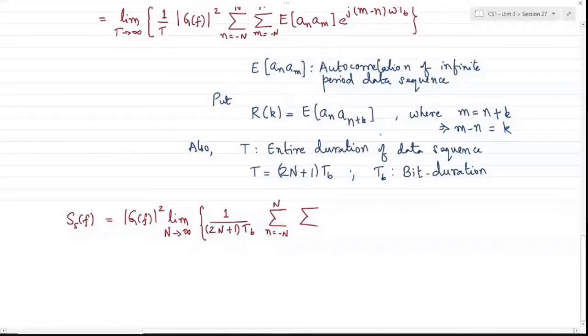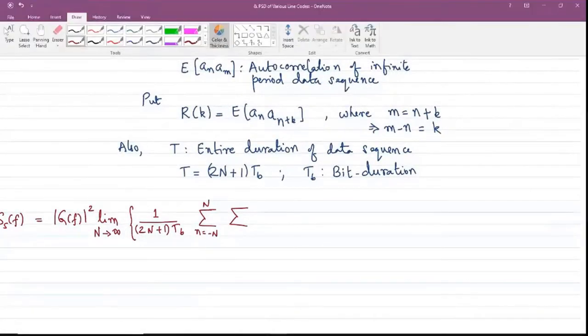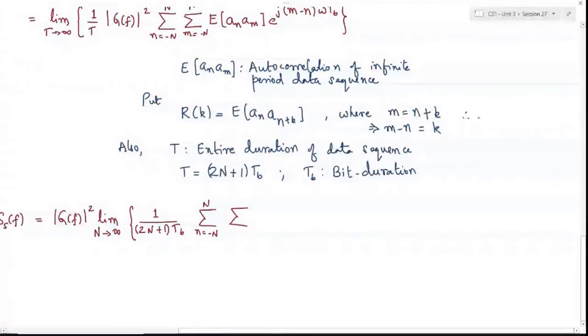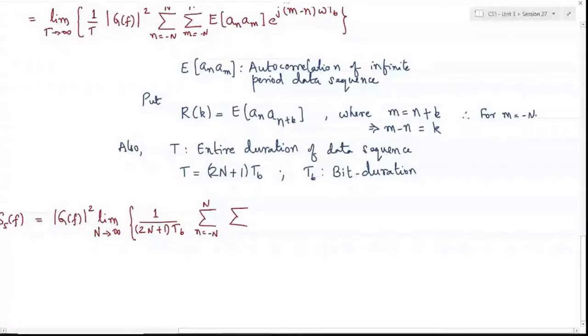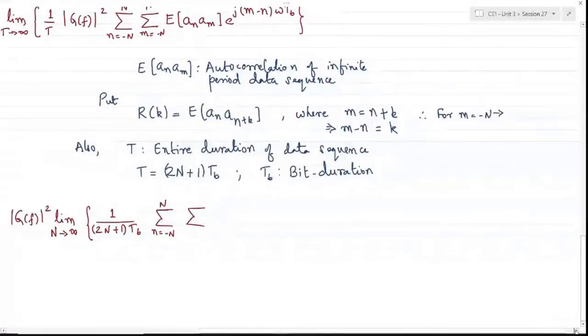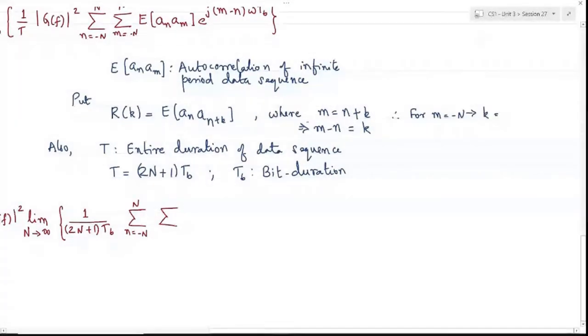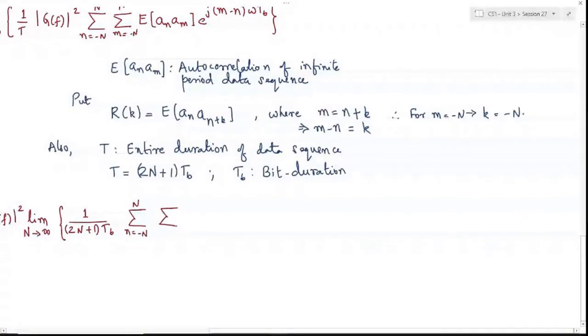So for m equal to minus N, k will be minus N minus n.